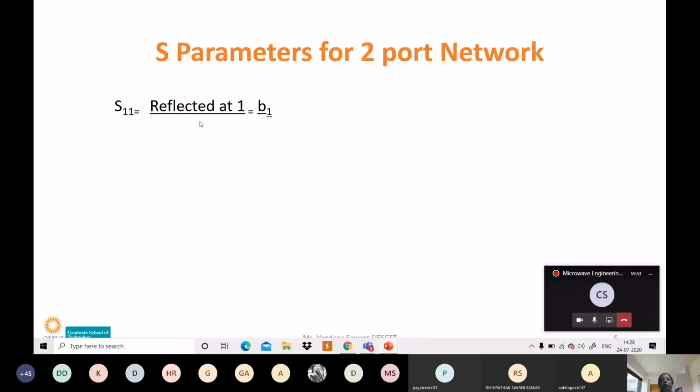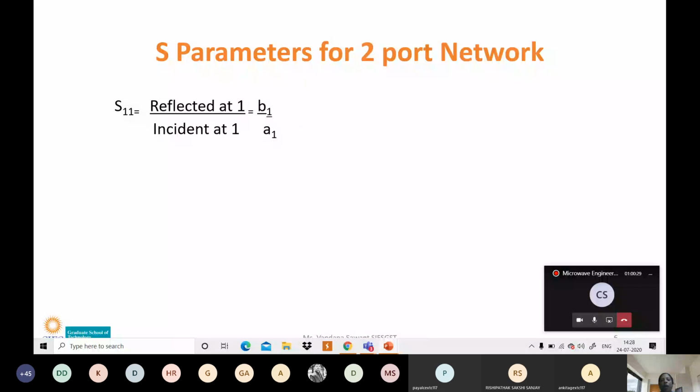So S11 is equal to B1 upon A1, right? Now we can write it for the others. I will tell you one, then next you have to write yourself.